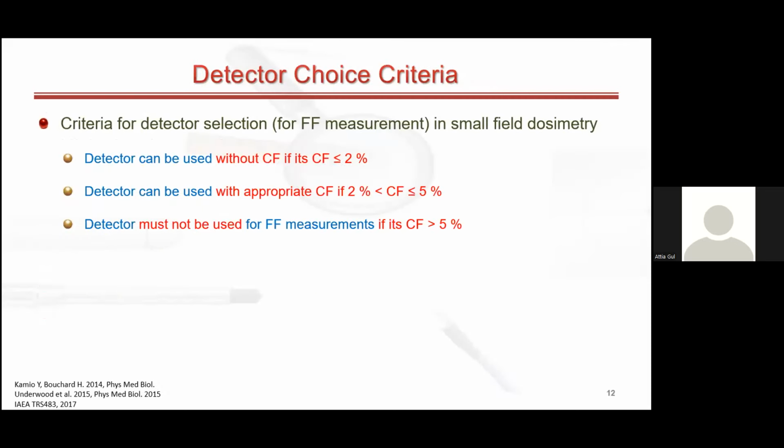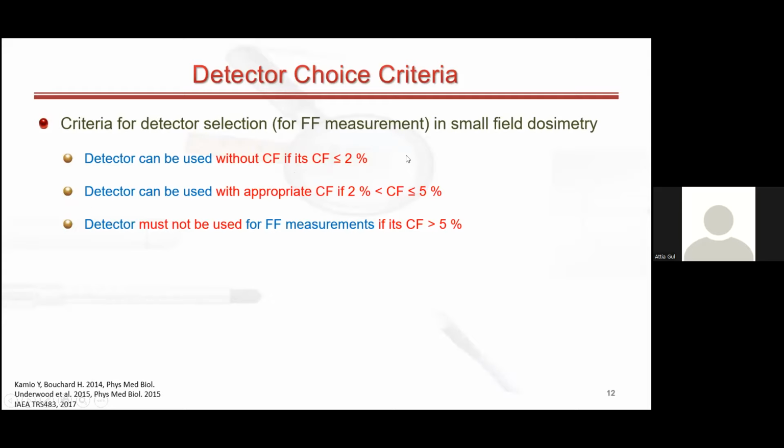There is a criteria for choosing detectors in small fields, especially for field output factor measurement. It has been reported that if the correction factor of a detector is less than 2%, it can be used without applying this correction factor because it would not cause a considerable implication.